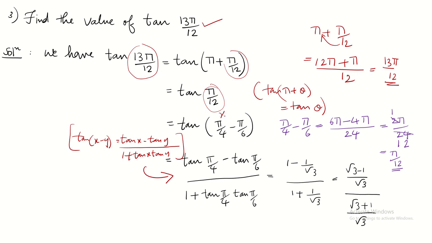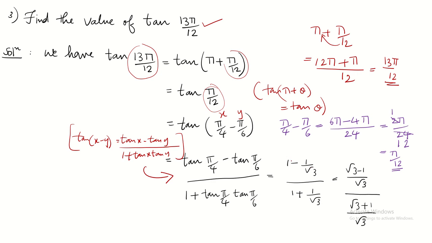Your x is pi by 4, your y is pi by 6. So tan pi by 4 minus tan pi by 6 divided by 1 plus tan pi by 4 tan pi by 6. I will substitute the values.